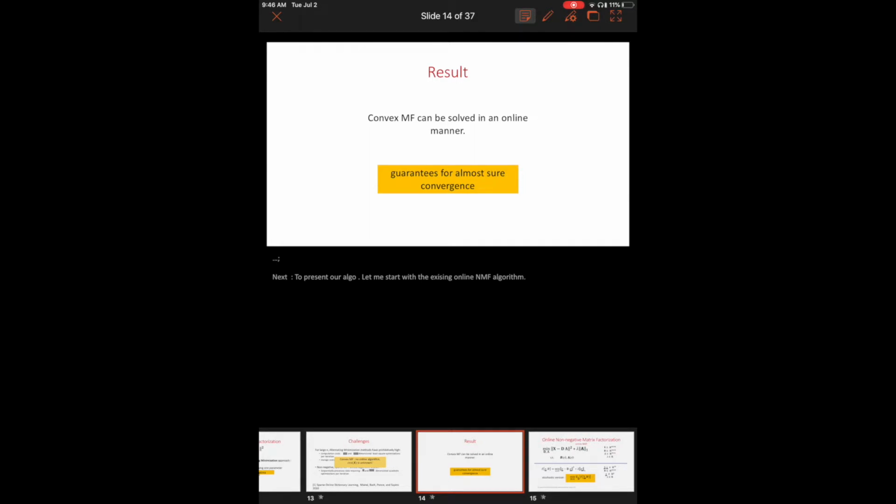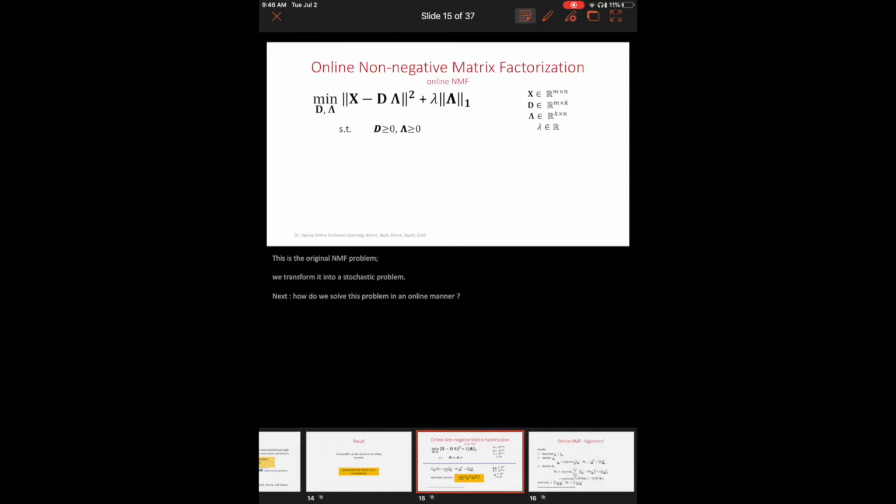So to present our algorithm, let me start with the existing online matrix factorization algorithm by Mairal et al. So first, let us formulate the original matrix factorization optimization problem into a different form.